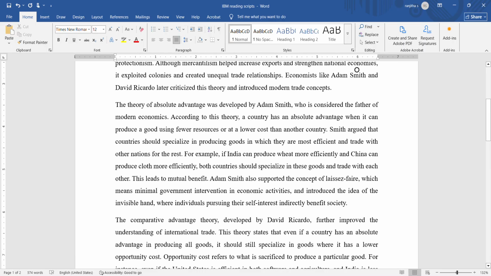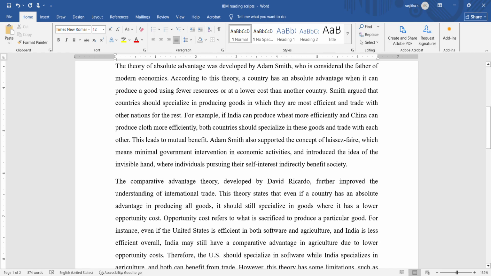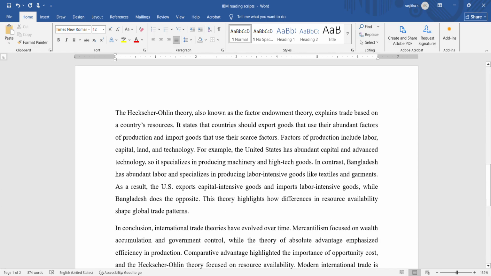The absolute advantage theory explains how one country has an advantage over another country, how resource allocation can be highly emphasized, and how a country's economy makes efficient use of this theory. And the comparative theory helps to compare the efficiency of one nation in manufacturing or producing with other countries' efficiency of manufacturing or producing.